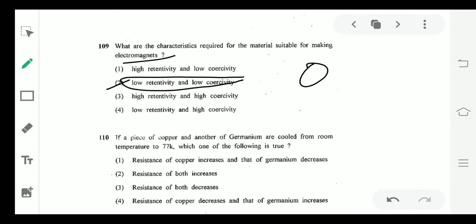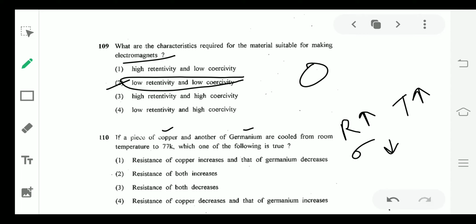If a piece of copper and another of germanium are cooled from room temperature to 77 Kelvin, which one of the following is true? Since copper is a metal and germanium is a semiconductor, the property of a metal is that when we increase the temperature, the resistance of the metal also increases, meaning conductivity decreases.